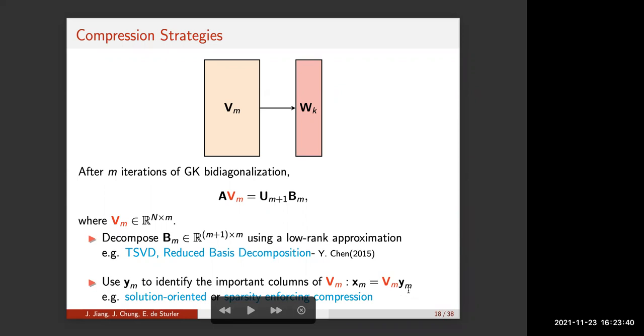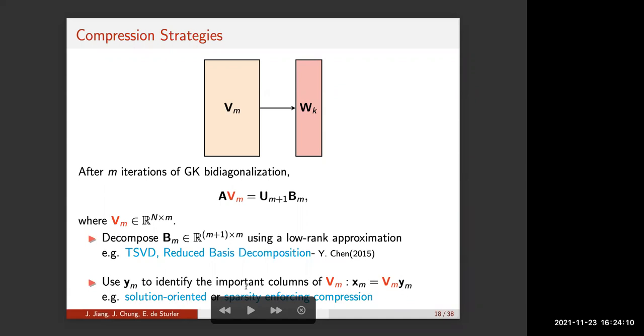So we check each element of y_m. A large element means the corresponding column in V_m is more important, and a small element in the projected solution y_m means the corresponding basis vector is not important. So we keep the basis vectors corresponding to the large elements in y_m, and remove those corresponding to the small elements.